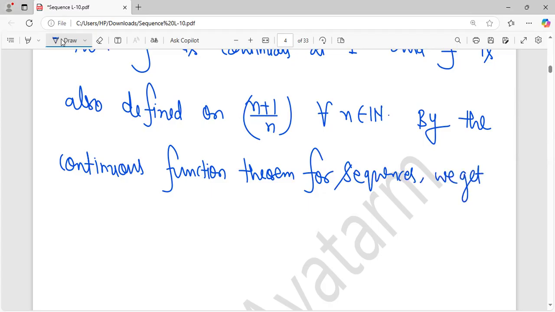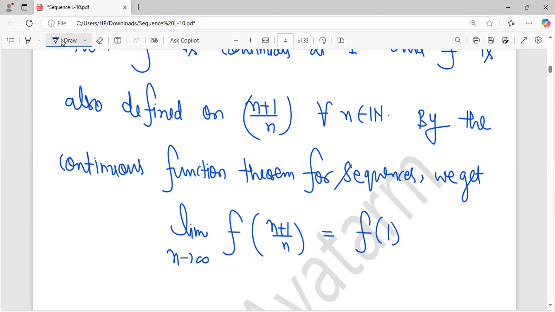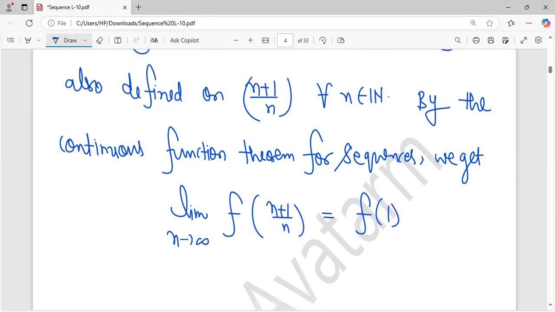The limit as n tending to infinity of f((n+1)/n) is equal to f(1). Okay, so what does it mean?